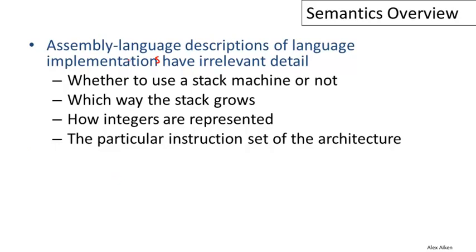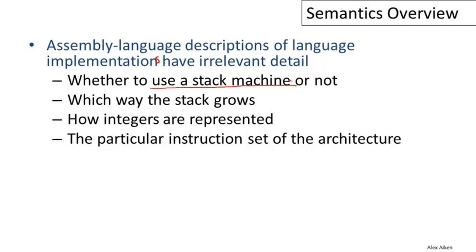There are a lot of things that you have to say when you give such a complete executable description that were not necessary to say about how the program executes. So for example, the fact that we use a stack machine is not intrinsic to the implementation of any particular programming language. There are other code generation strategies that we could have used.